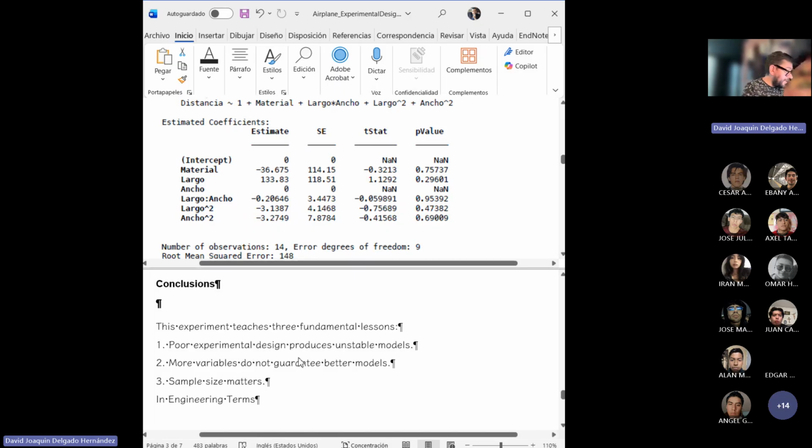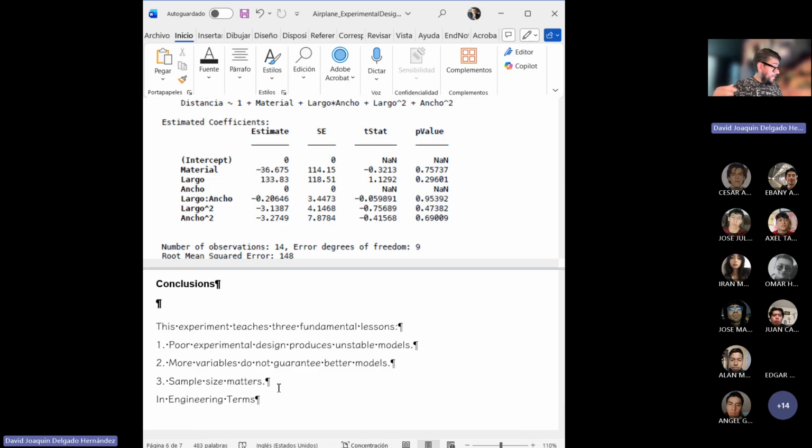Okay? And the third is that sample size matters. It is very important to have more samples in order for us to have a better artificial intelligence model. If I just have a few samples, my model is going to be very poor, is not going to be powerful.